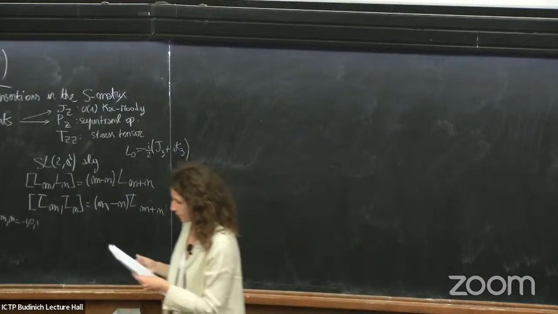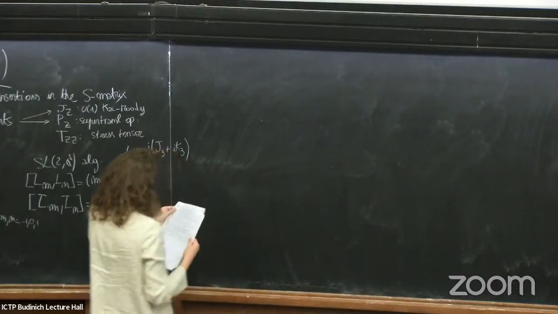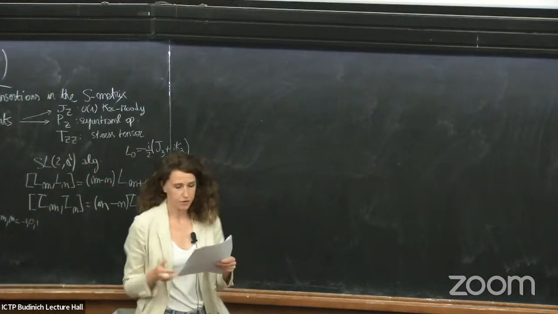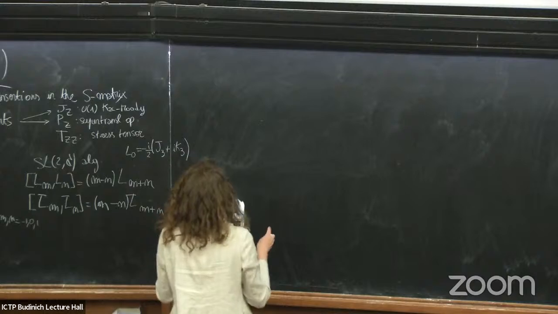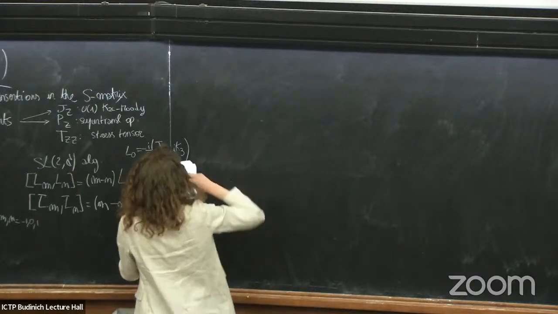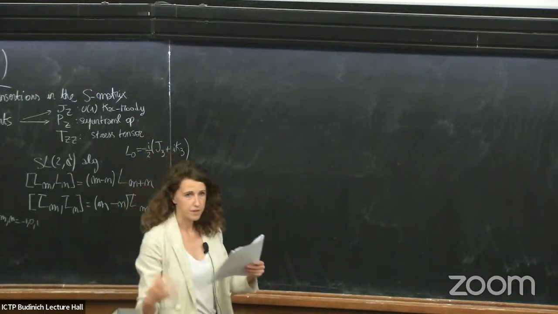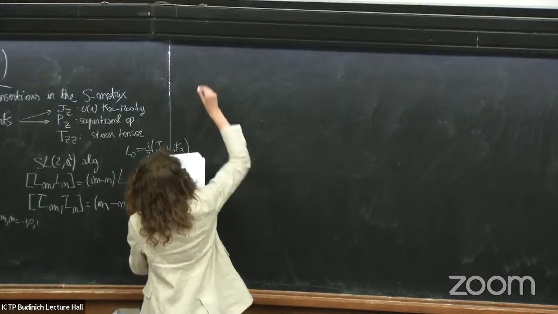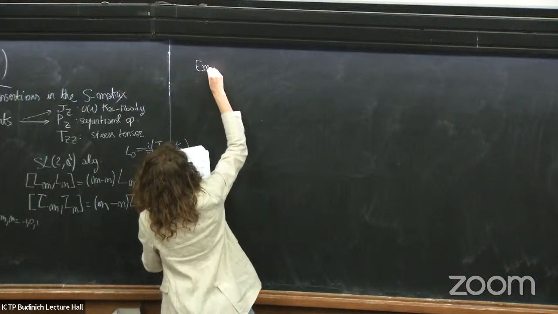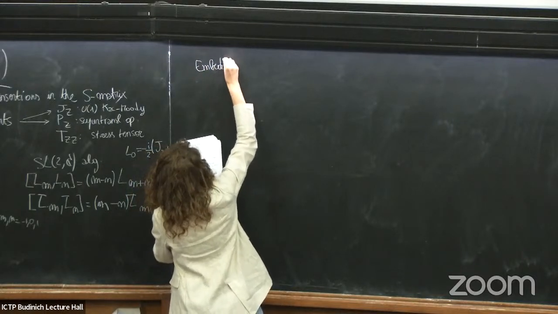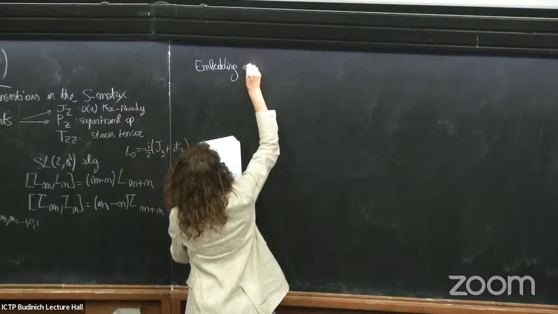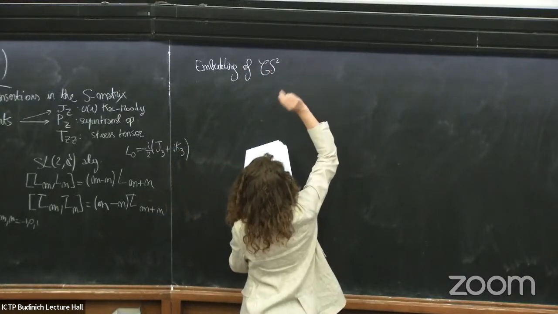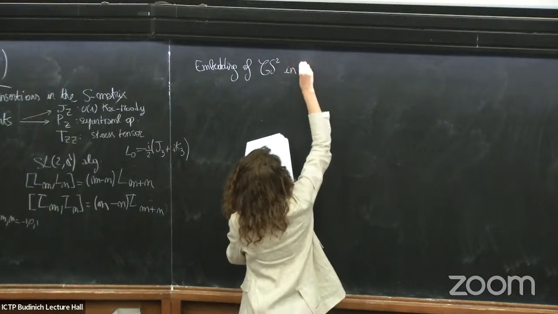Now we will need, and actually I already introduced that in the previous lecture, to make a choice for an embedding of the celestial sphere into Minkowski, actually into the null cone.